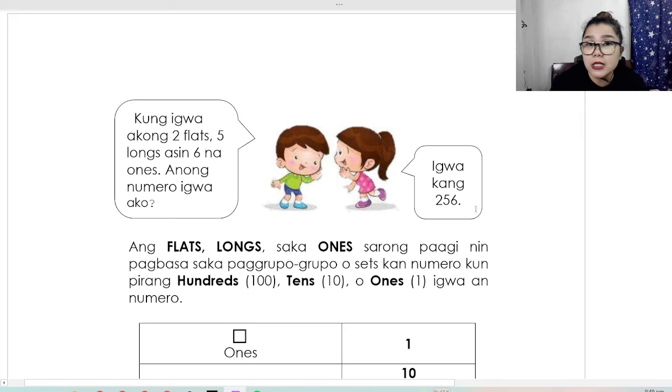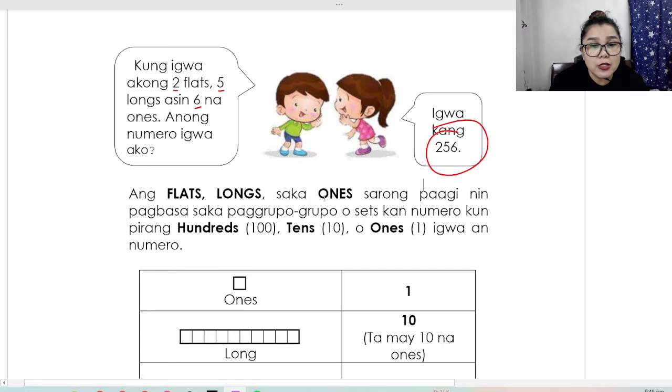Do you remember in our assessment wherein I let you identify the number with flats, longs, and units, yung 134? This is just related to that one. Paano nagkaigwa ng 256? It's from the 2 flats, 5 longs, and 6 ones. That's why we have 256.